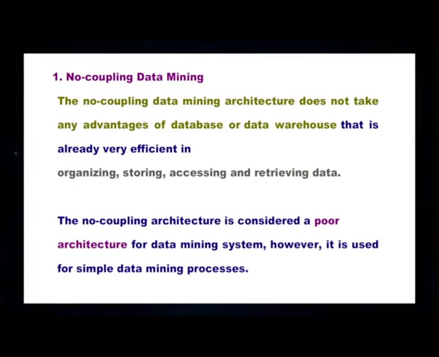The no coupling architecture does not take any advantage of a database or data warehouse that is already very efficient in organizing, storing, accessing and retrieving data. It is considered a poor architecture for a data mining system. However, it is used for simple data mining processes.